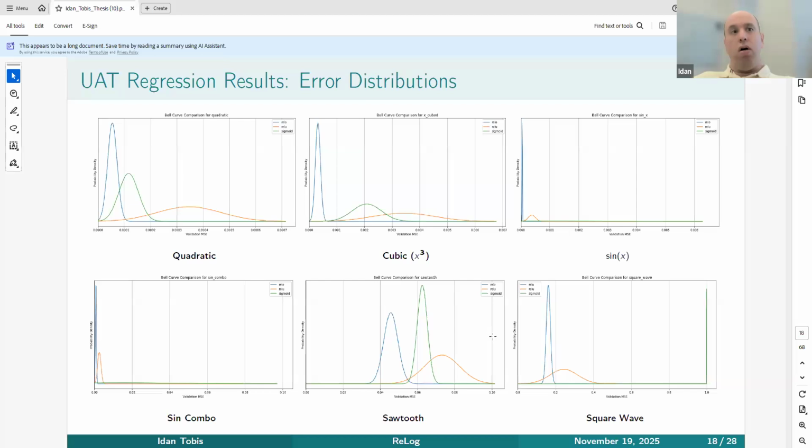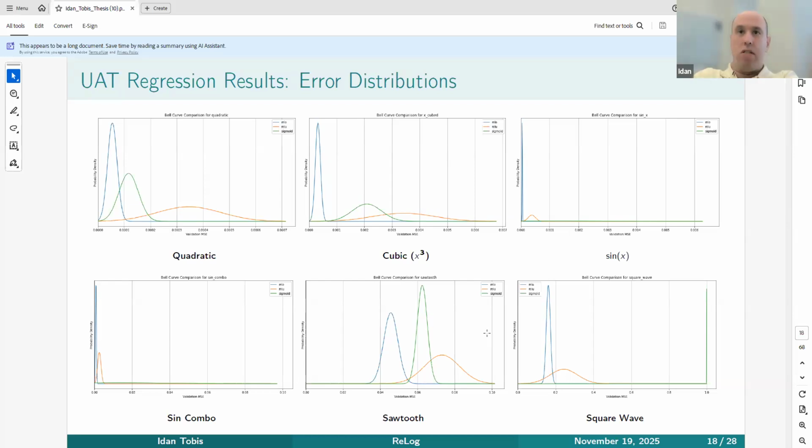And in all cases, in all functions, ReLog had a much better result, meaning it's much more skewed to the left. The mean of the loss is much lower. And also the variance is much lower as well.